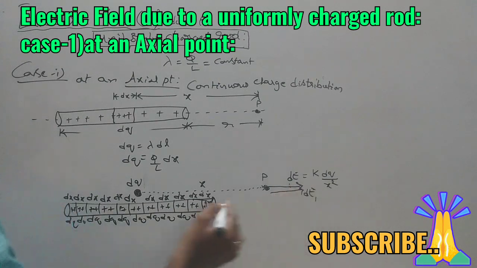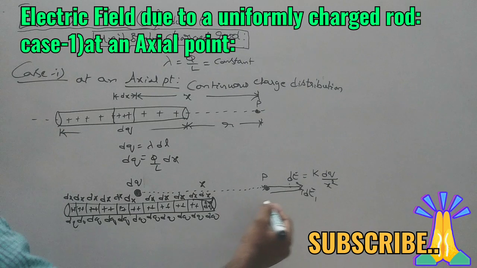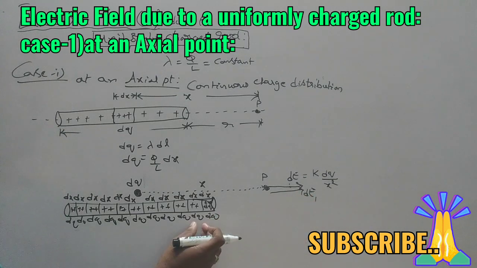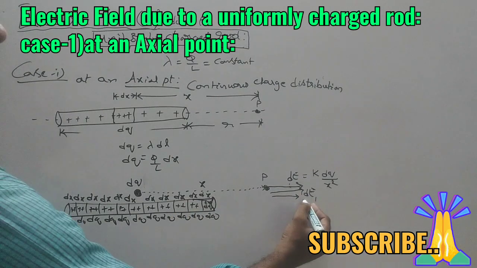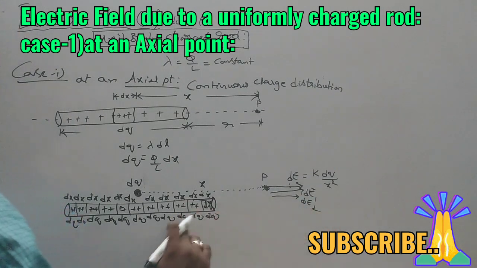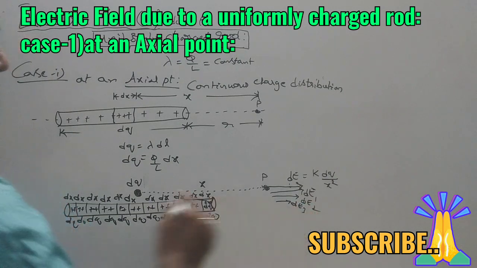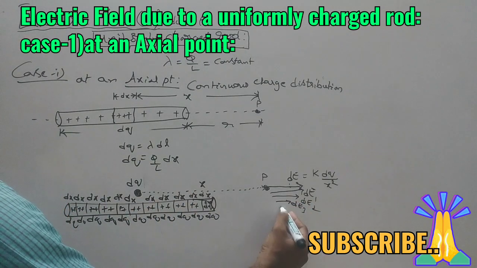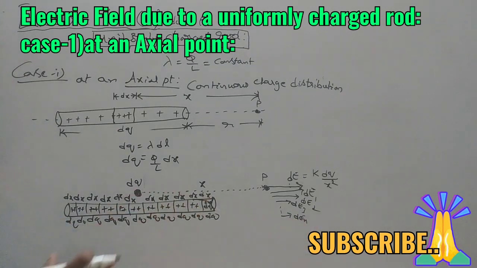For a positive charge, the electric field is always directed away from the charge. Since the distance is less here, dE1 will be more. This dq also produces an electric field dE2, and this one produces dE3, and so on, the last element will produce dEn.